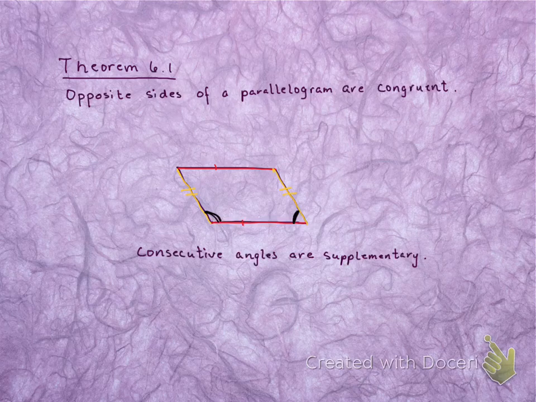Now, this says consecutive angles are supplementary. So if I know, say, that this one right here measures 100 degrees, then the consecutive one next to it has to measure 80.